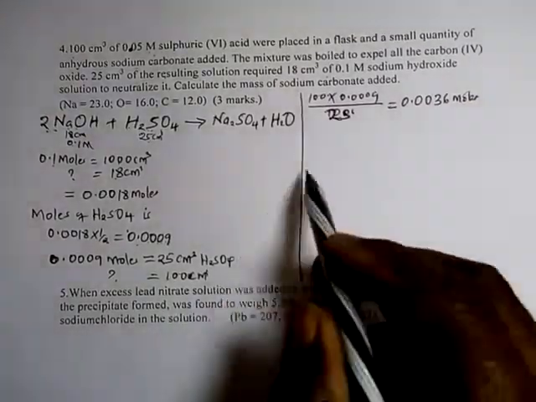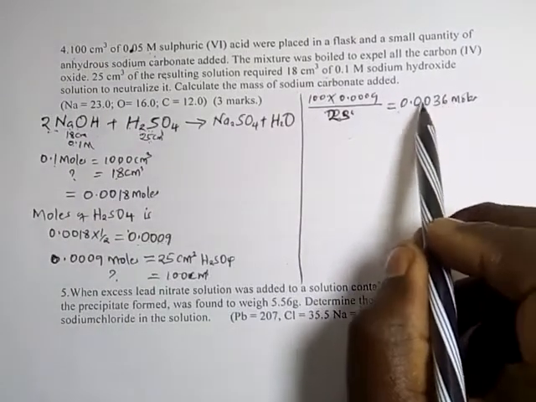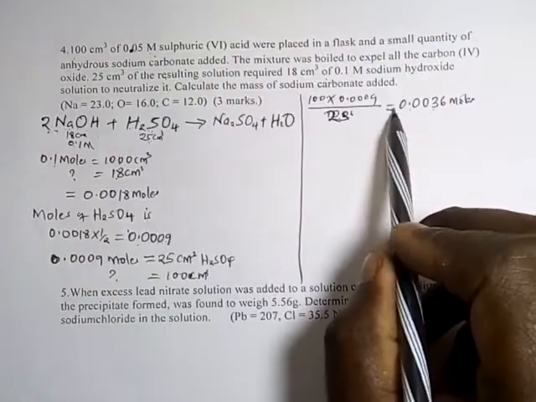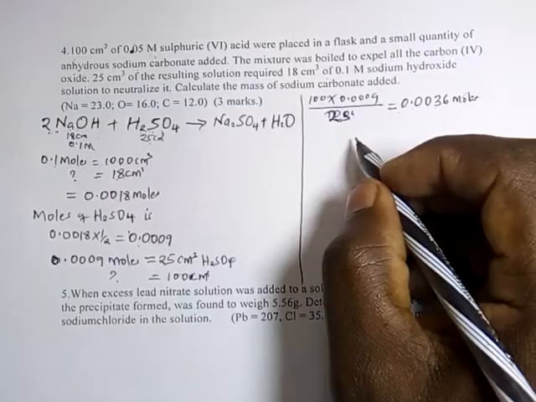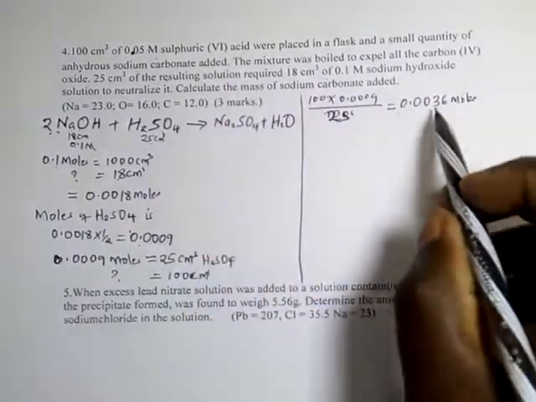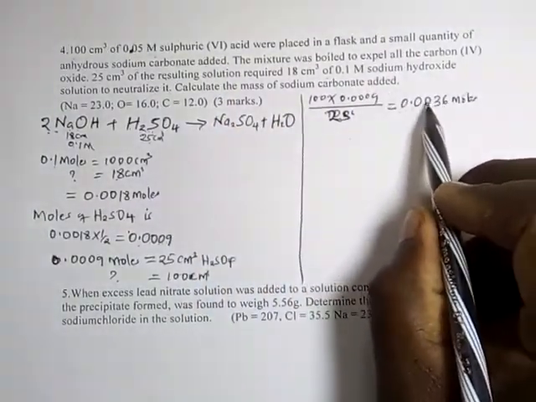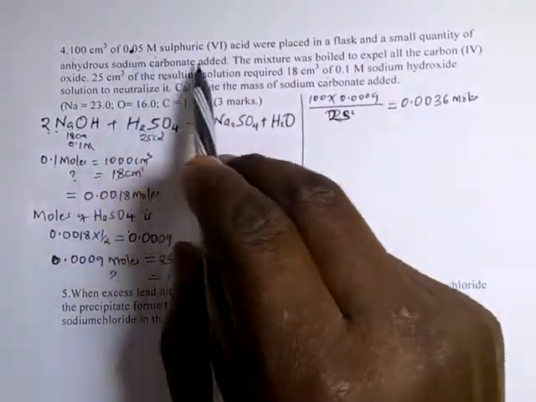Yes. Now 0.0036 moles, this is the number of moles that remained after reacting with the carbonate. So this is the number of moles of the sulfuric acid that remained after reacting with the carbonate.